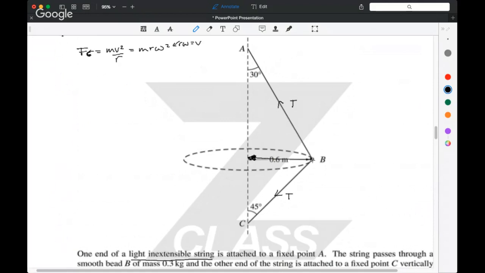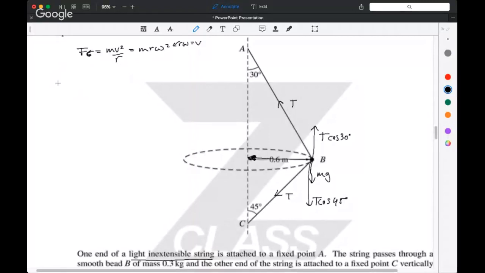Now we can look at the balancing of forces for this particle in the vertical direction first. We know there is mg pulling down, T cosine of 30 pulling up, and also T cosine of 45 pulling down. The ball is not moving up and down, therefore these forces must balance.